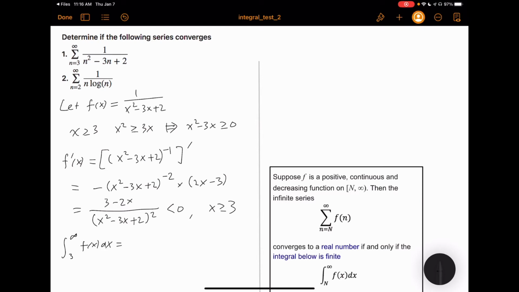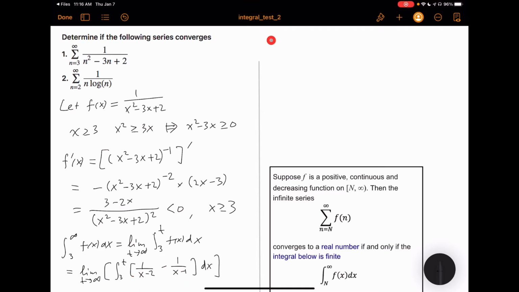First let's write this as the limit as t tends to infinity of the integral from 3 to t of f(x) dx. And we can write f(x) as 1 over x minus 2 subtract 1 over x minus 1. You can check this. This is pretty easy to check. f(x) is actually equal to this.